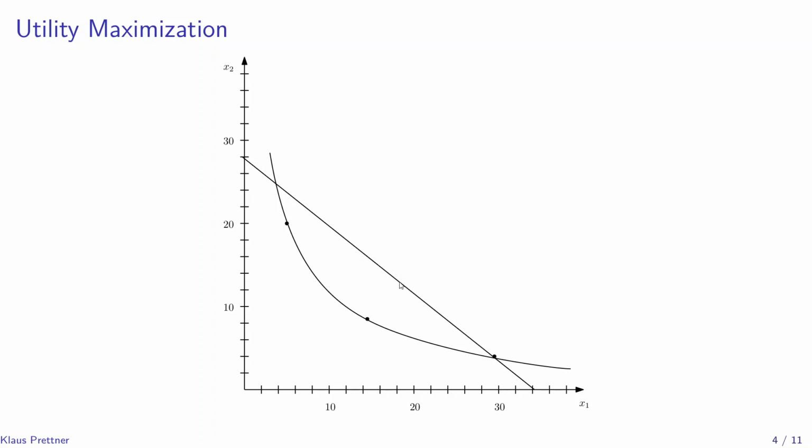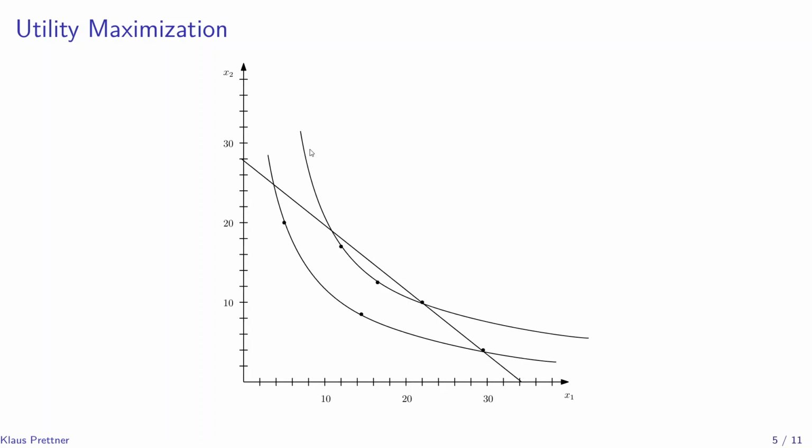However, from this graph, it's already obvious that the consumer could have done better than choosing any bundle on this particular indifference curve, because you could move to a higher indifference curve and still choose a consumption bundle that is feasible. Now, what's important here is, of course, that we do not have a dynamic optimization problem where you could save and then consume in the future so that you leave money on the table, but it's just a static one-shot consumption choice.